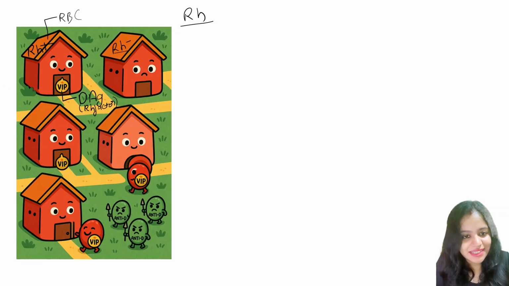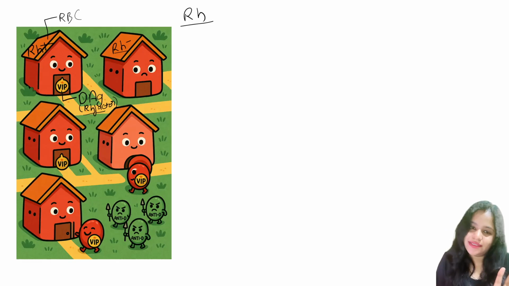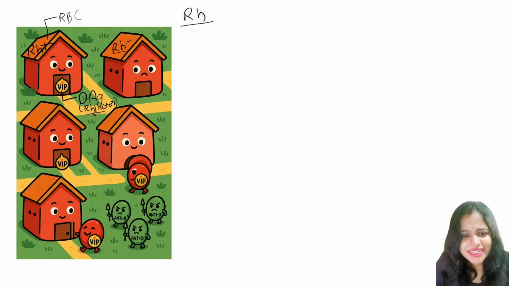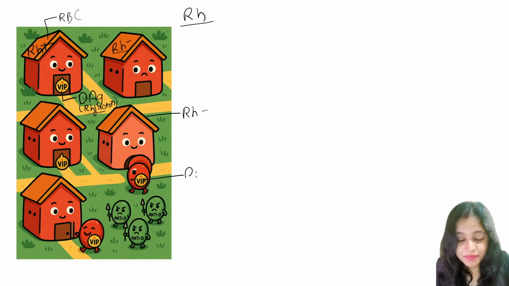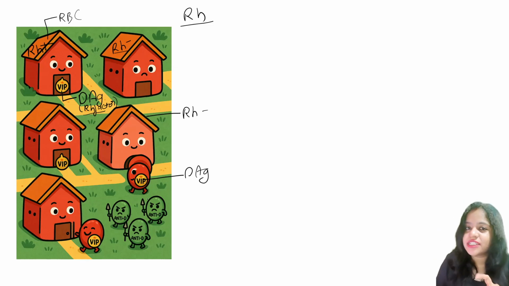In such cases, this RH positive, with the D antigen, the RH factor present, is living happily. This RH negative has no VIP sticker, no D antigen present, and is also living happily. But what happens when a guest arrives at this RH negative house? A guest having a VIP sticker, a D antigen, then something changes.